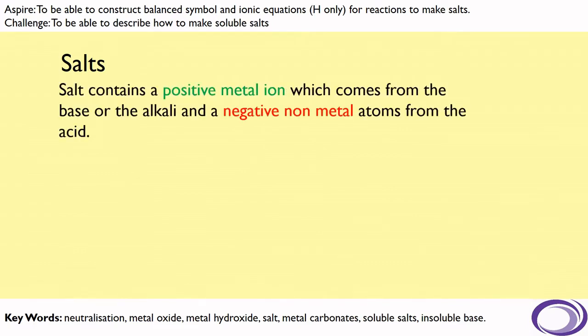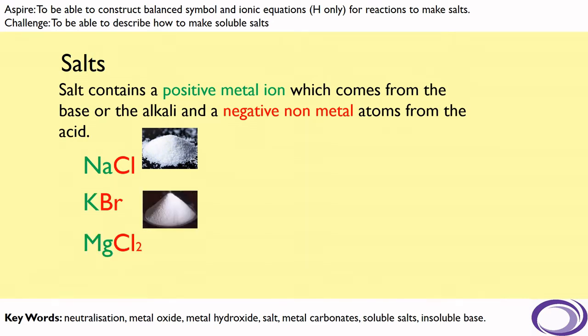Now salts, as we've just said, contain positive metal ions which come from a base or an alkali, and a negative non-metal ion that comes from an acid. So for example, sodium chloride, table salt, potassium bromide, and magnesium chloride.